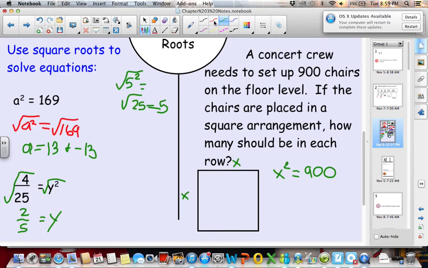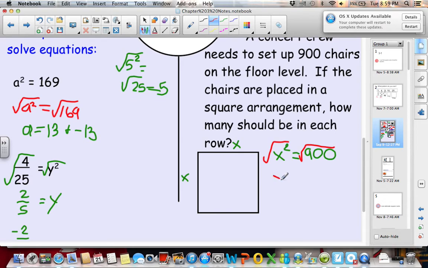So then to solve it, we take our square root on both sides. So that cancels that out. X is alone. Square root of 900. I know the square root of 9 is 3. 3 times 3 is 9, but 30 times 30 is 900.